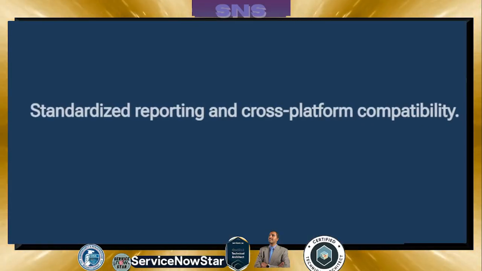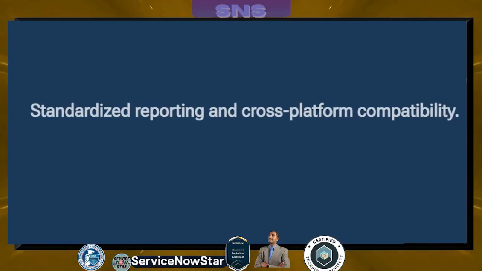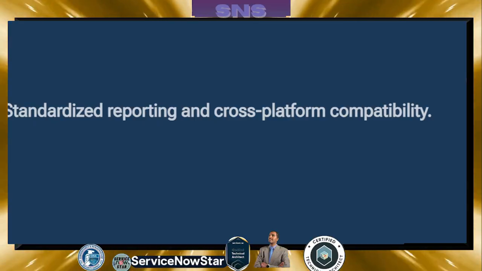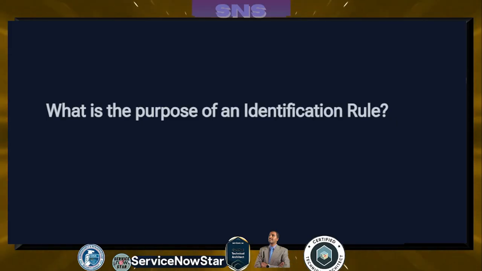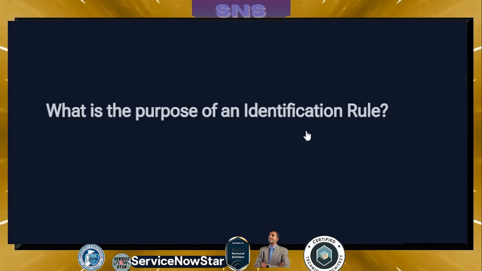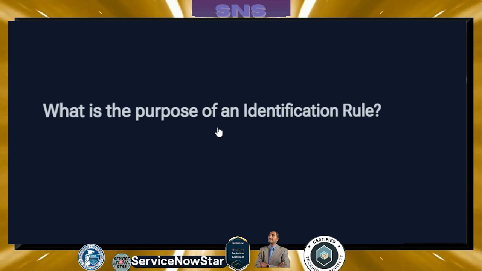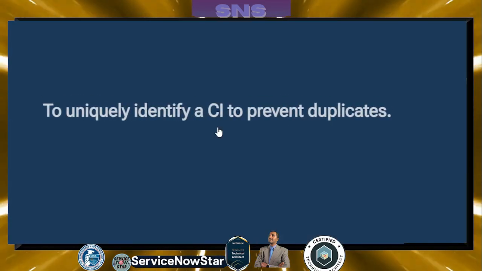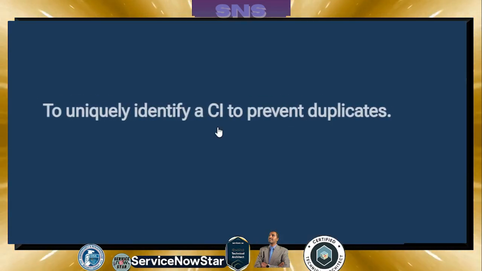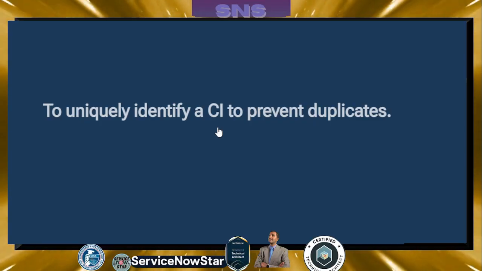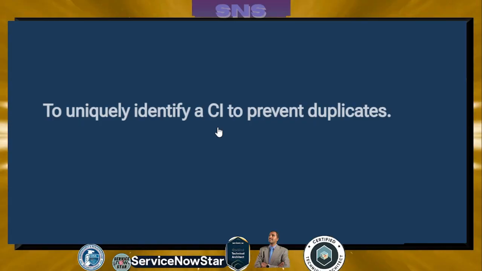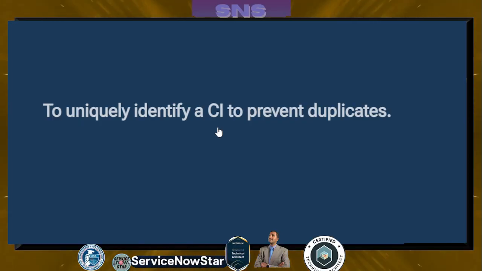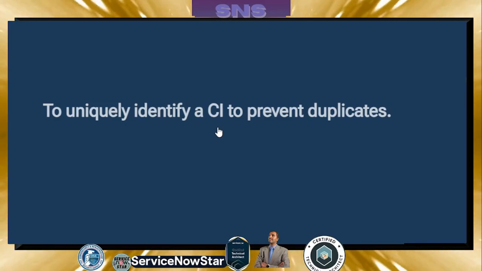All right, let's move on. What is the purpose of identification rule? In ServiceNow CMDB, the main purpose of identification rule is to uniquely identify a CI to prevent duplicates. That's the main goal, because duplicates are one of the headaches of the CMDB.